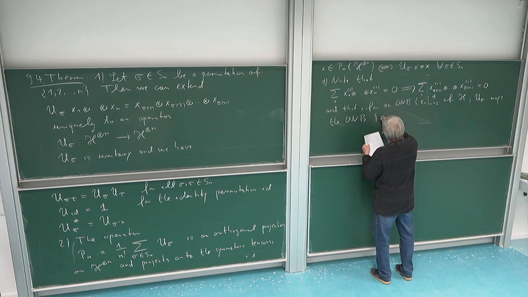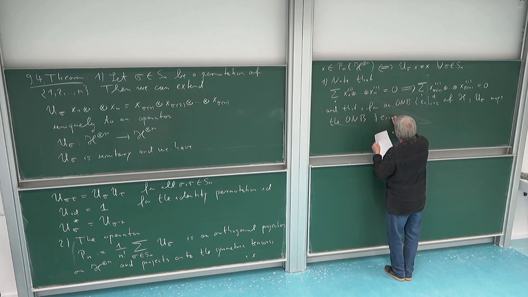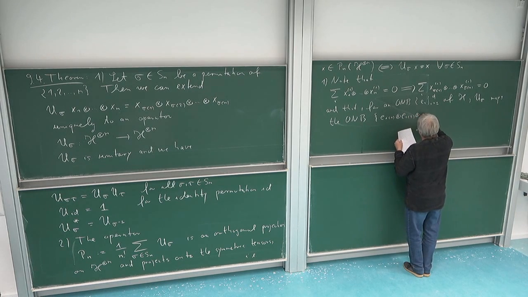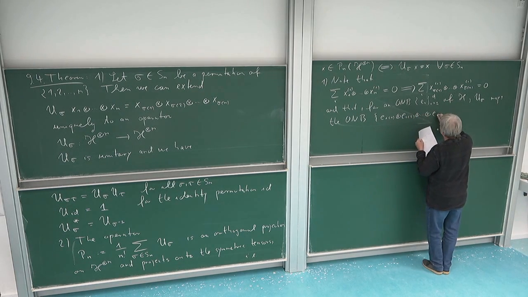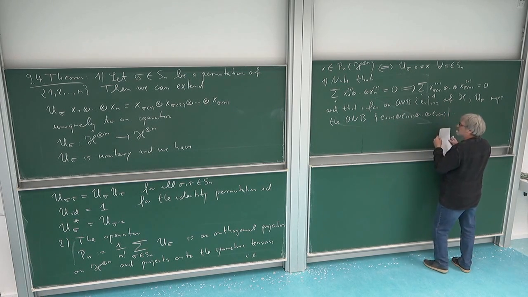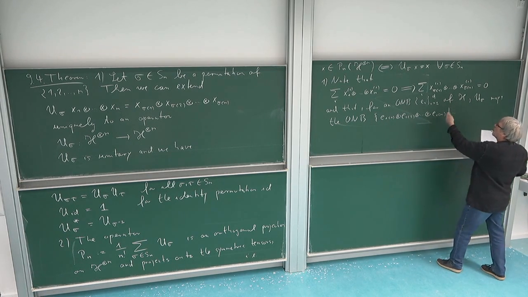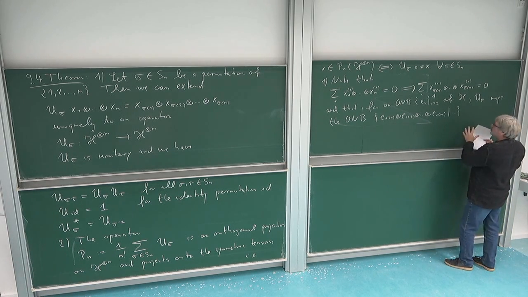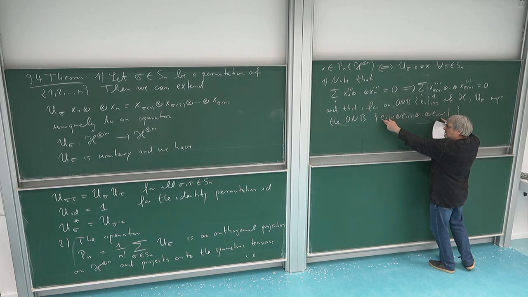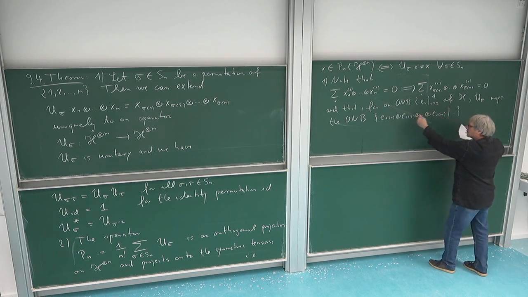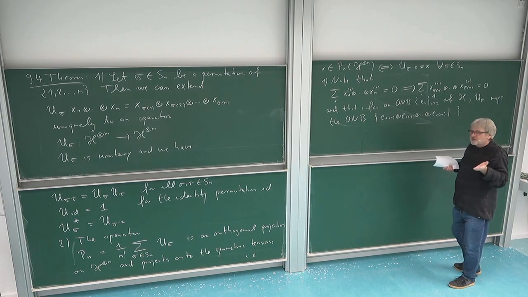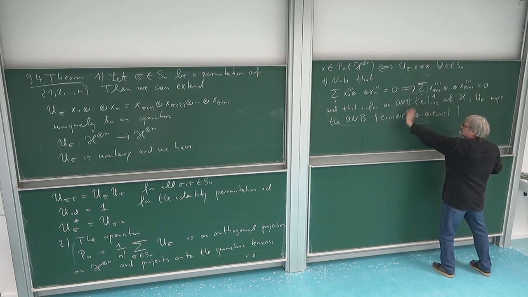of H to the n, which is given by e_i1 tensor e_i2 tensor ... tensor e_in, where these i's are all running from 1 up to D. If U sigma acts on such an element, I just get again a product of the e's, only the indices are now reshuffled. But of course then I still have something which is in this set.